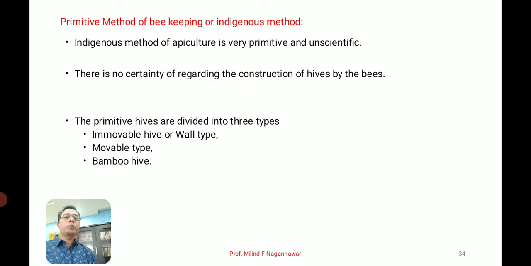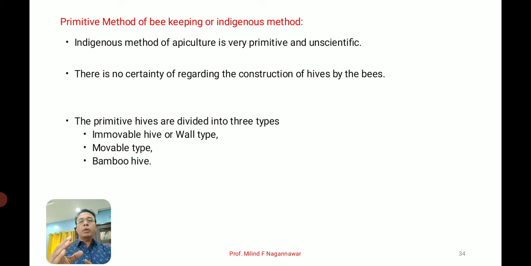In this primitive method there are again different types. The three most important types we will discuss in this syllabus are the immovable hive or wall type, the movable type, and the bamboo type.